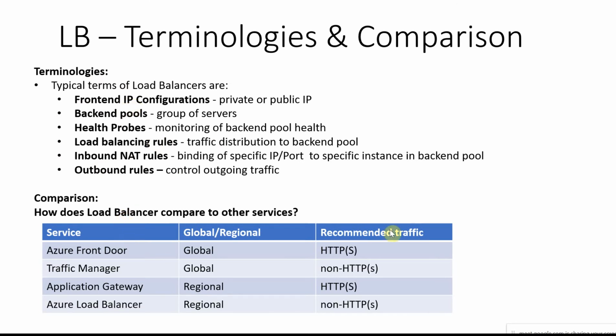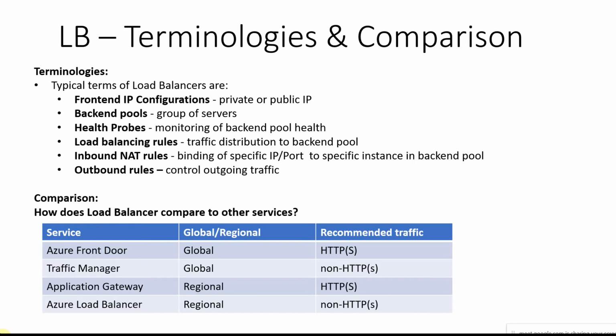And just to give a comparison, in Azure there are at least 4 load balancer categories. Generally they all are meant to manage traffic, so they come under the broader category of load balancers, but the purposes are different.